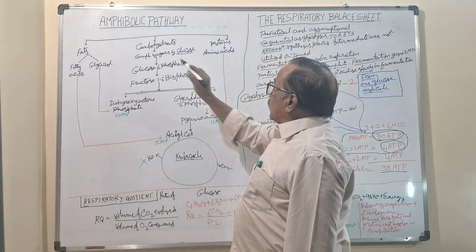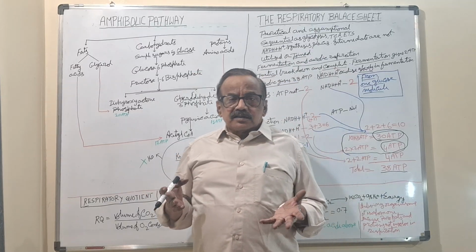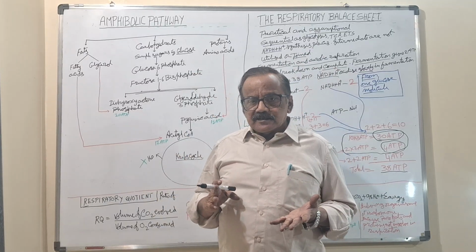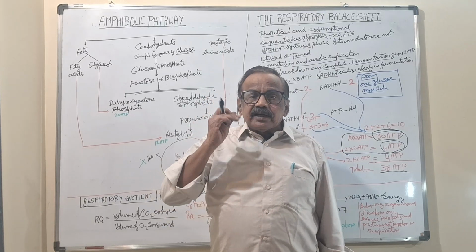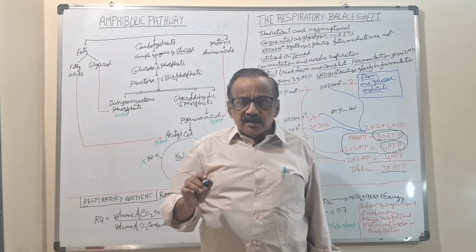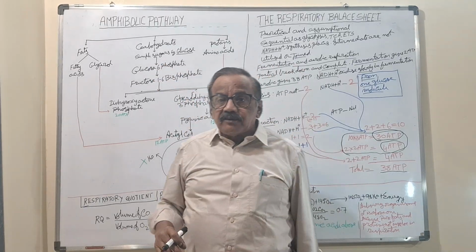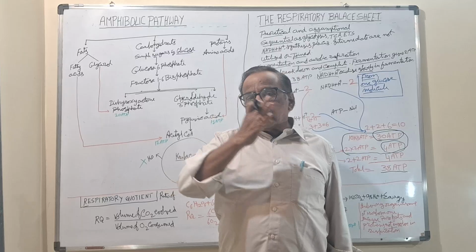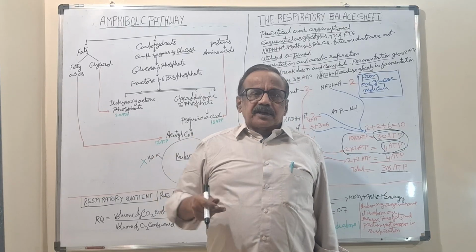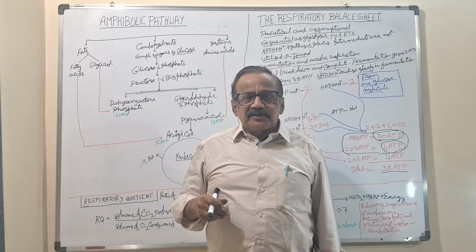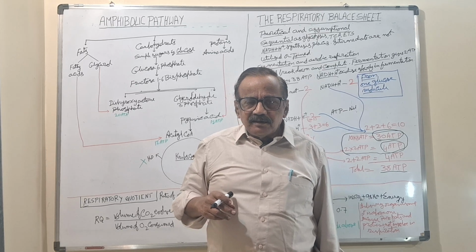Now, all of you know that carbohydrates are the products of photosynthesis. In the carbohydrates, whenever we are seeing, carbohydrates will become simple sugars. Glucose is the sugar which is the favored substance for respiration. Did you think about why it is favored?